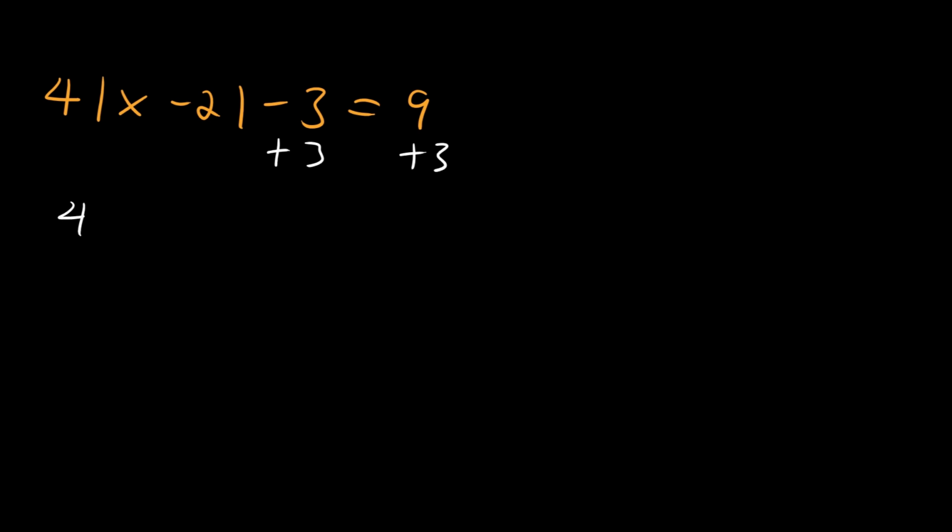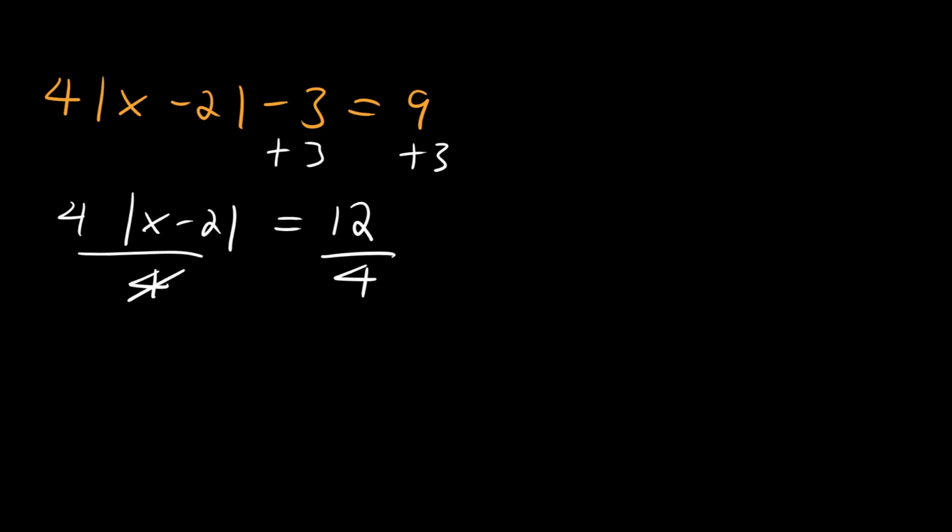Here's another problem. 4 times the absolute value of x minus 2, minus 3, equals 9. Before we find the absolute values, let's try to reduce. This will be plus 3, plus 3. 4 times the absolute value of x minus 2 equals 12. Let's divide on this side as well.